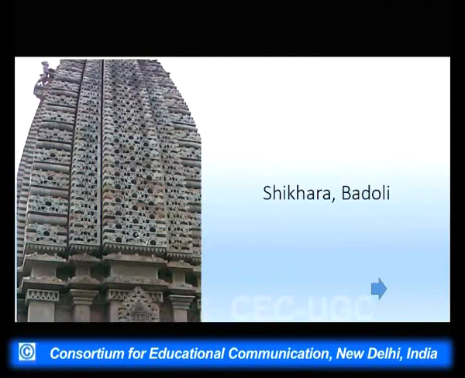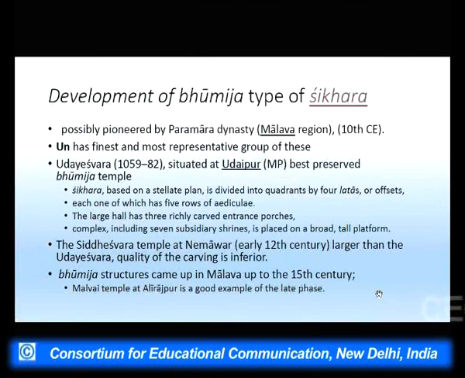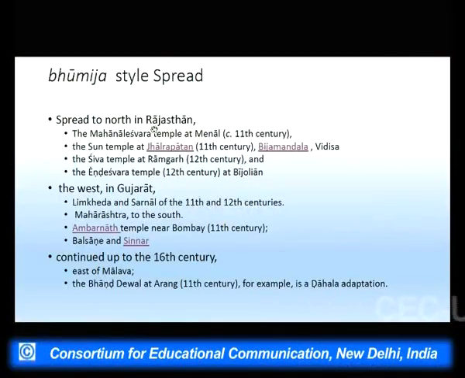This is from Badoli, but you can see how the Shikhara rises with a jalaka or a lattice made of chandrashalas. Chandrashalas are these rounded patterns which are used in a repetitive pattern on the Shikhara. This Bhumija style spread to other parts such as Rajasthan.